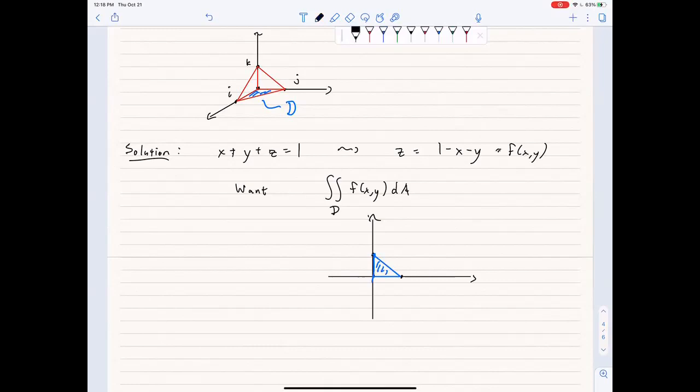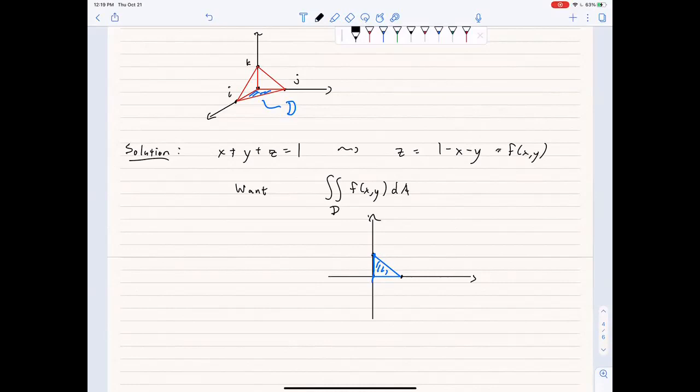What kind of region is this? Type 1? Type 2? Both? Type 3? It's both. It's a choose-your-own-adventure situation.